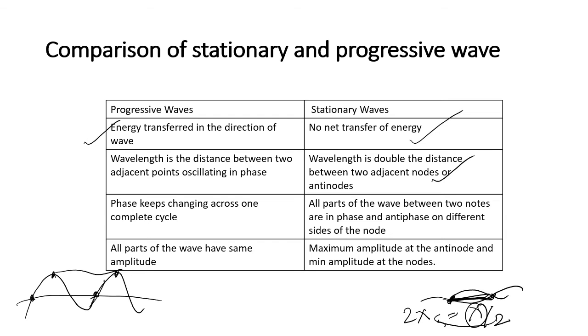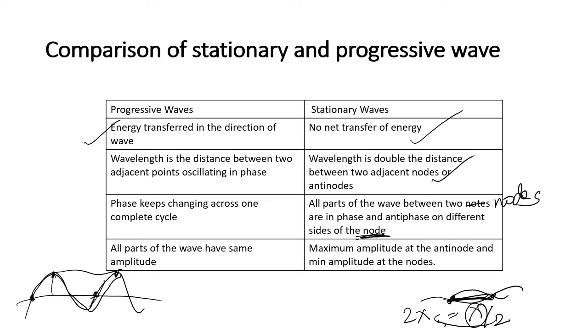Then in a progressive wave, as you go from one end of the wave to the other, the phase keeps changing. But in a stationary wave, we said in the previous slide that between two nodes all the points will be in phase. I have written nodes here; it should be nodes. So all the parts of the wave between two nodes are in phase, and on opposite sides of the nodes, they are in anti-phase.